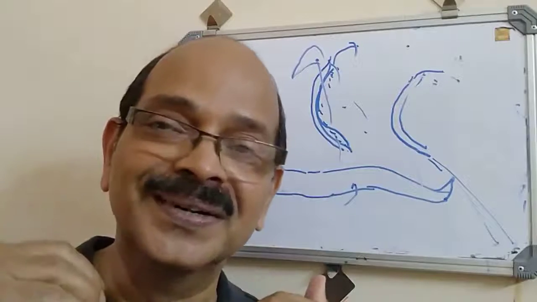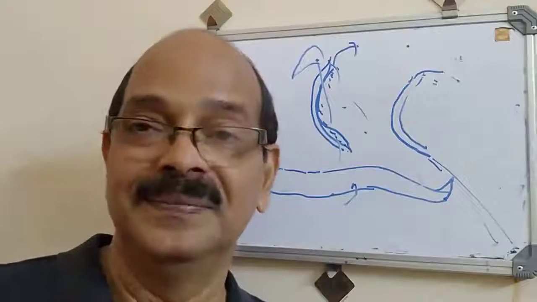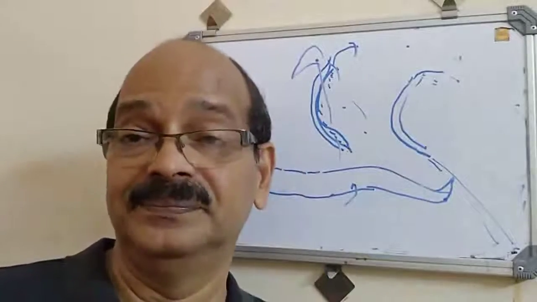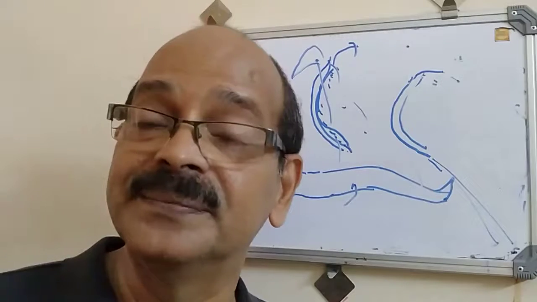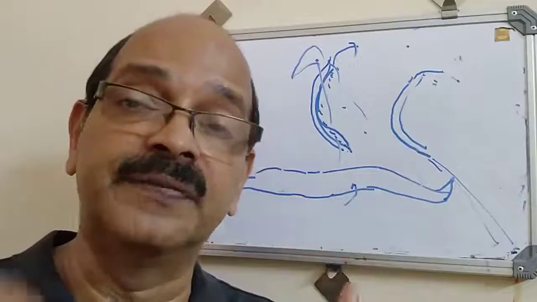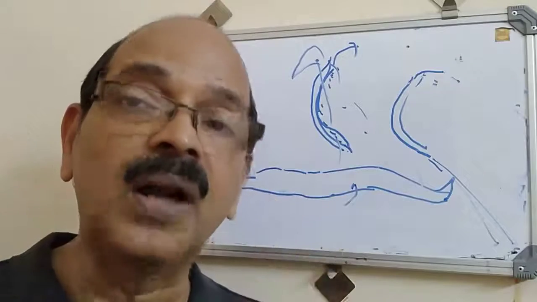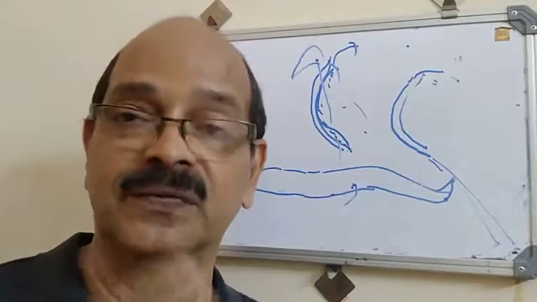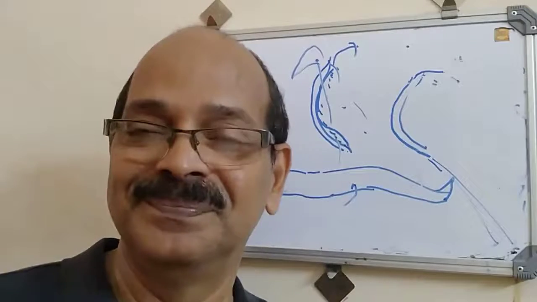Now comes the stretching signs in the lower part, Brudzinski's sign, Kernig's sign. So what is the use of that? You consider a lot of differential diagnoses for this. All the entities where pain is responsible for the limitation of flexion, Kernig's sign will be absent.